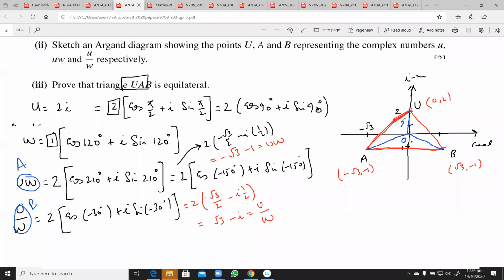Isn't this length 2? Isn't this 2 as well? All of them have the same modulus, which is 2. Modulus means the distance of the point representing that complex number from the center.